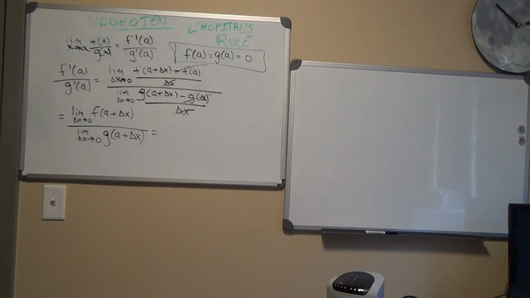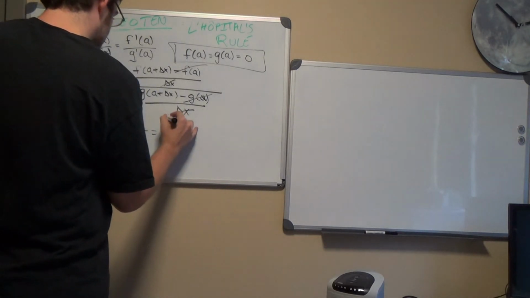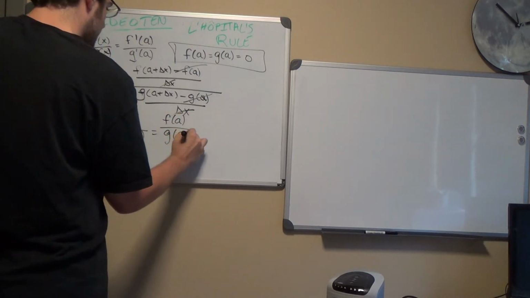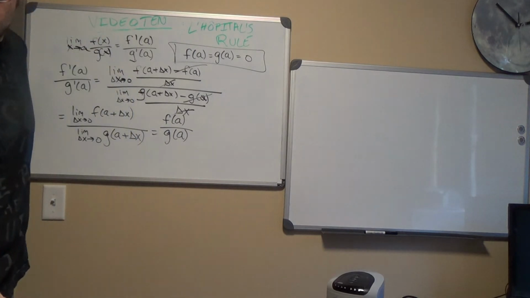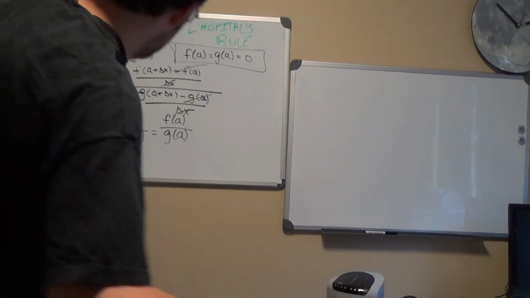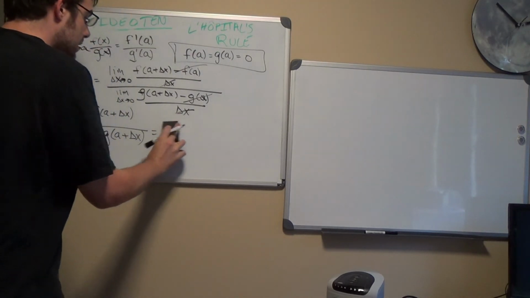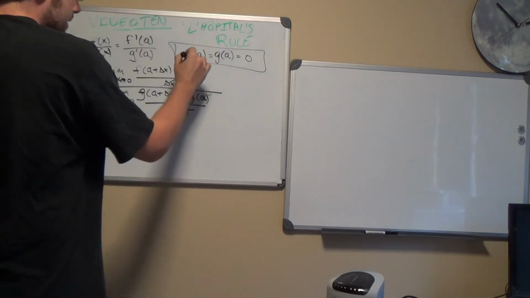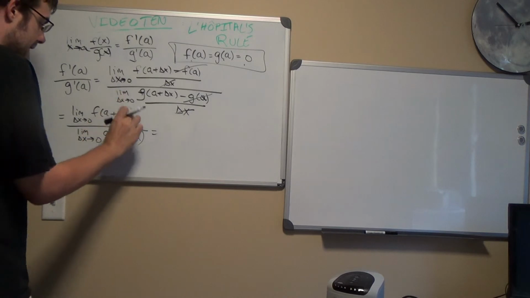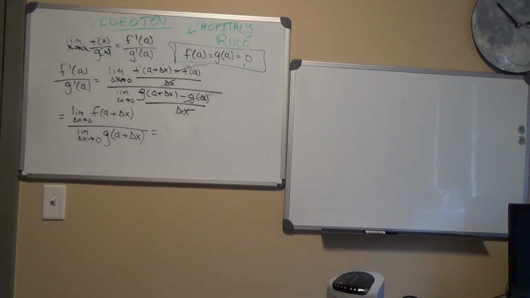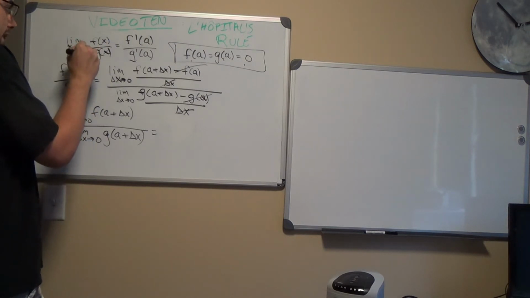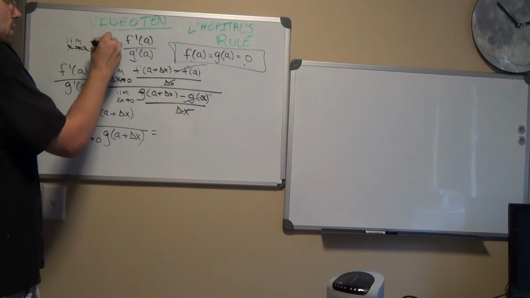This is not equal to f of a over g of a. Because we already stated that f of a equals g of a equals 0, we can get rid of the delta x's, but we also want to create a new limit, because when x is equal to a, we have 0 over 0.